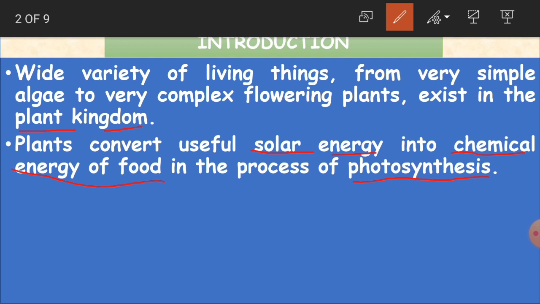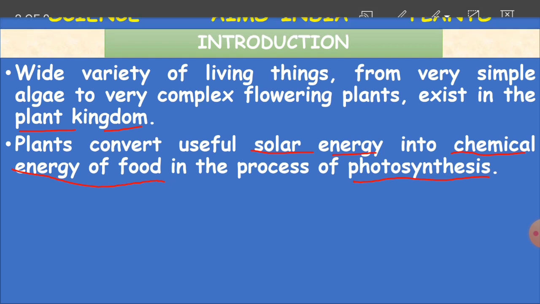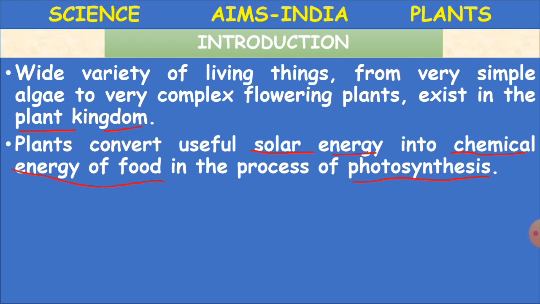That is nothing but chemical energy, which we can take as carbohydrates, like fruits, some seeds, pulses, and all these come under carbohydrates. So plants convert useful solar energy into chemical energy of food in the process of photosynthesis. So this is one big advantage that we get from plants.